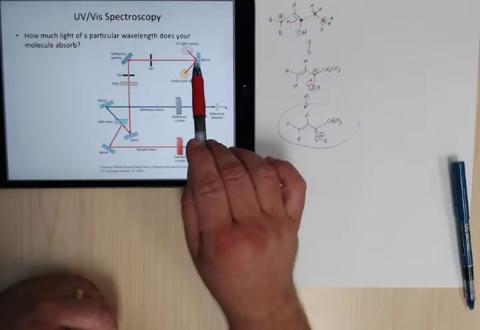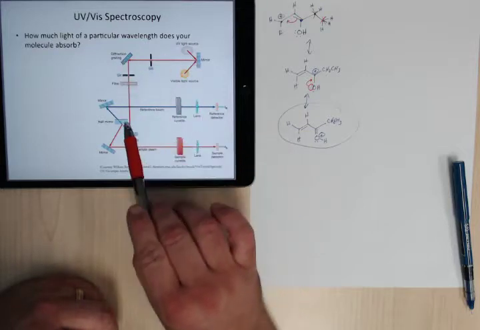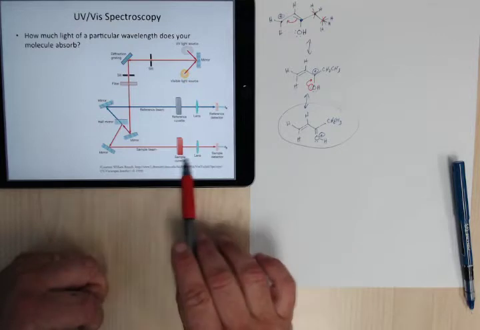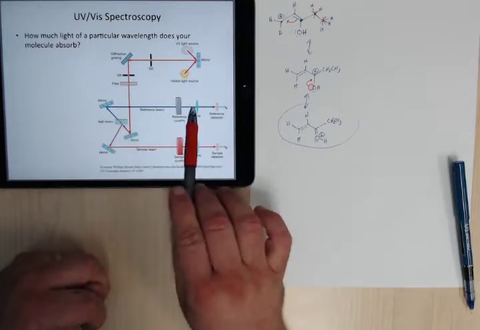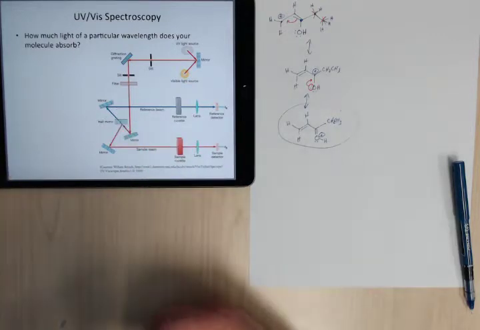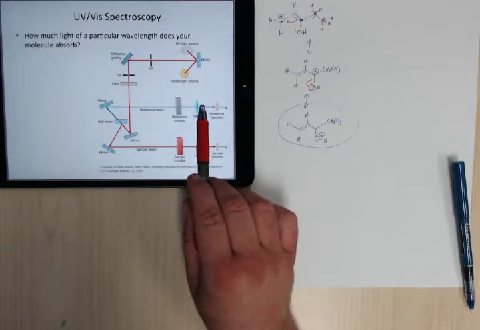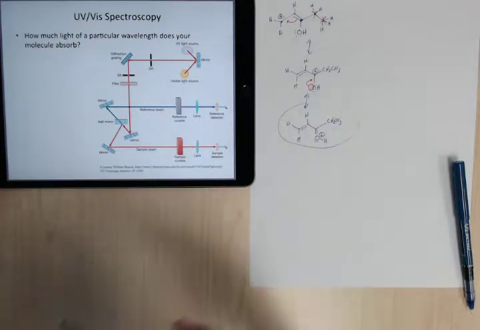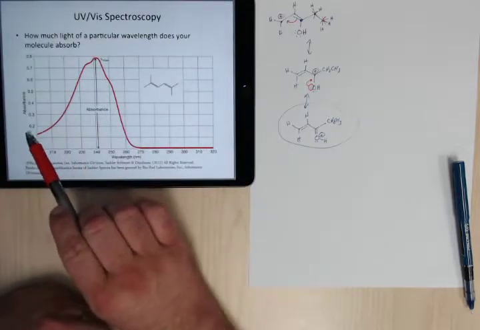And so what you can do is put your light source in here and then split it, one going through a reference and one through a sample. So if you know how much light is going here, you can compare it to what's going on here and see the different absorbance levels.